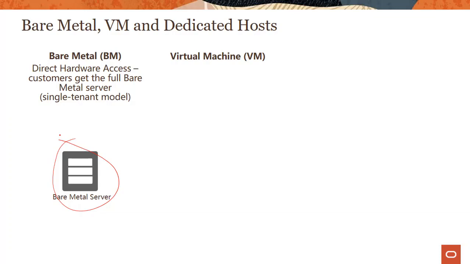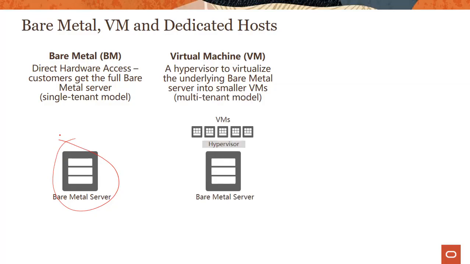Now, the second flavor is what customers are pretty used to in the cloud model, this shared multi-tenant model where you get virtual machines. So you have a hypervisor where you can run virtual machines with much smaller shapes, much smaller CPU, memory, etc. As you can see here, in the case of Oracle Cloud Infrastructure, we have the bare metal offerings, and then we put a hypervisor on top of that, and we divide the bare metal machine into VMs.